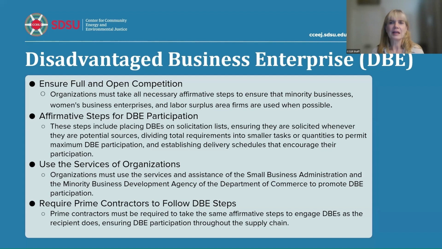What does that mean? That means placing DBEs on solicitation lists, ensuring they are solicited whenever they are potential sources, dividing total requirements into smaller tasks or quantities to permit maximum DBE participation, and establishing delivery schedules that encourage their participation.